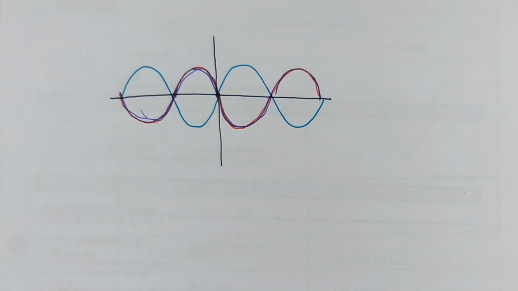Holy crap. Reflecting over the x-axis, turning it upside down, gave me the red one. Reflecting over the y-axis, which means reflecting it left-right, gave me the purple one. And be darned if the red and the purple weren't exactly the same.